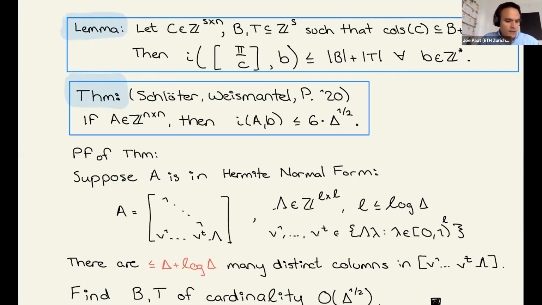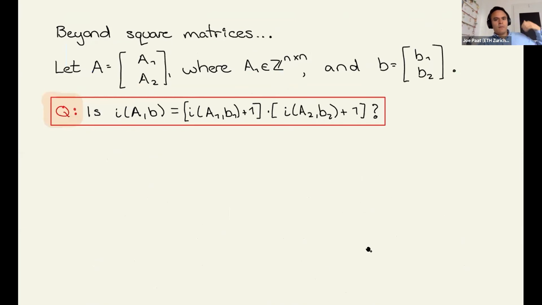So in the last few minutes, I just want to mention what happens if we go beyond square matrices. Suppose we have a larger matrix, and I'm going to decompose the rows into a square submatrix, which we just saw how to handle, and some additional rows A2.